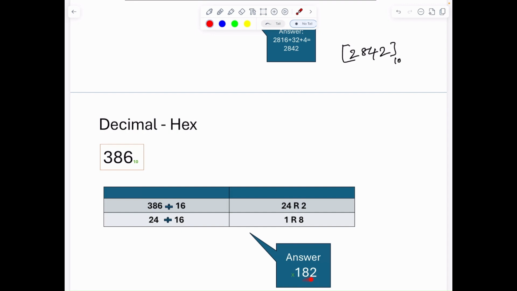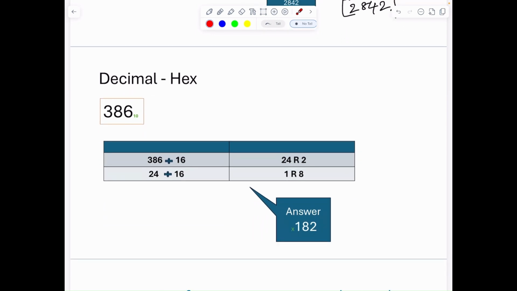So you divide 386 by 16, then you get the quotient 24 and the remainder 2, right? So the 24 you divide again by 16, it's 1 with remainder 8. So the idea here is the answer is 182 in hex digits.